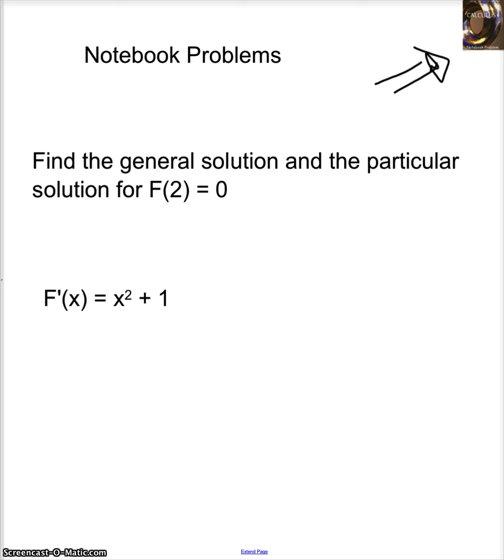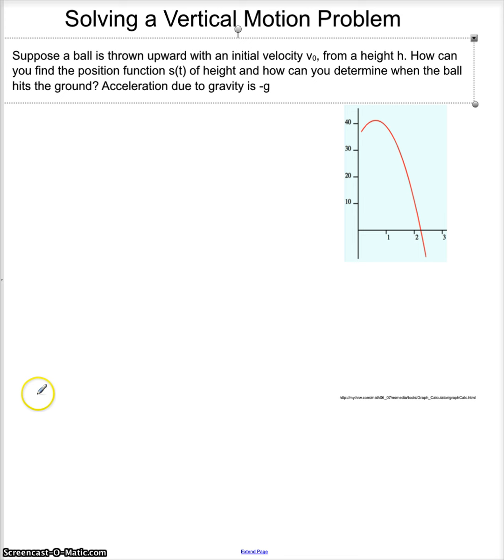Now, those of you taking physics are really going to love this because you have already done this problem. Now we're going to derive your free fall kinematics formulas from scratch. Suppose I have a ball thrown upward with an initial velocity v naught from a height h.